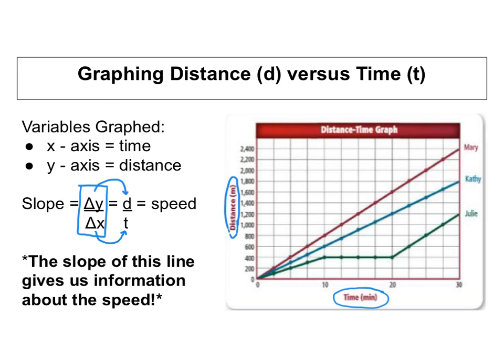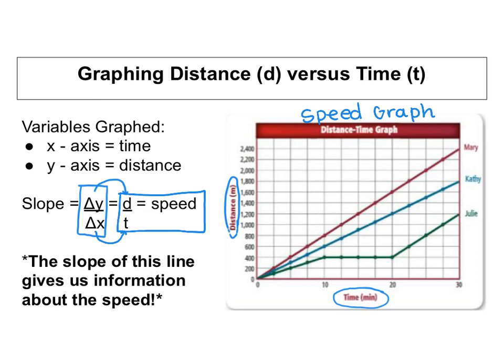So we know from our last calculations that when you take d over t, or distance divided by time, that gives you the speed. So we call this a speed graph, because it's telling us something about the speeds of whatever is being graphed.